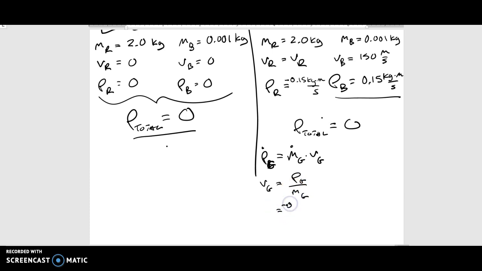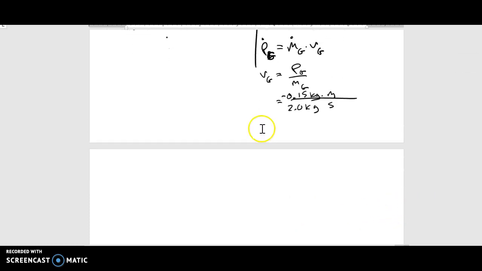You got that's negative 0.15 kilograms times meters per second, and we're dividing it by the mass of the gun, which is 2.0 kilograms. Hey, look what happens with the units, you guys. So the velocity of the gun equals, kilograms goes away, negative 0.15 divided by 2 equals, what is it?